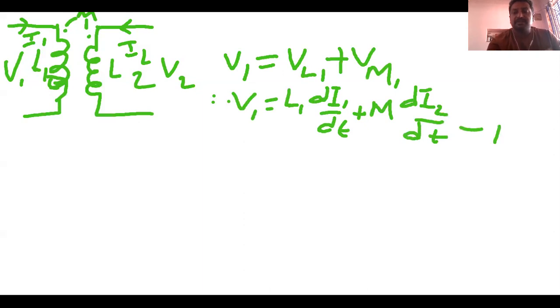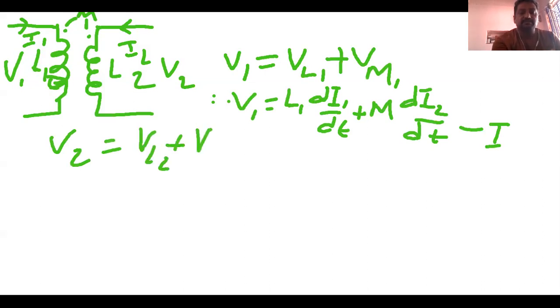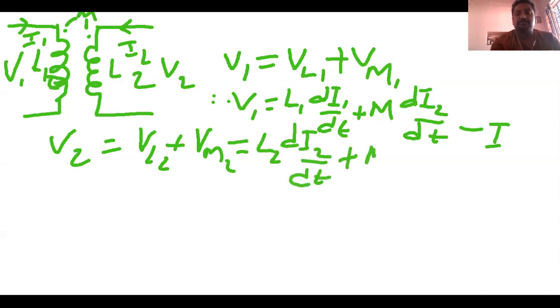This is equation 1. Then V2 is equal to VL2 plus VM2, which is L2 into dI2 by dt plus M into dI1 by dt. This is equation 2.